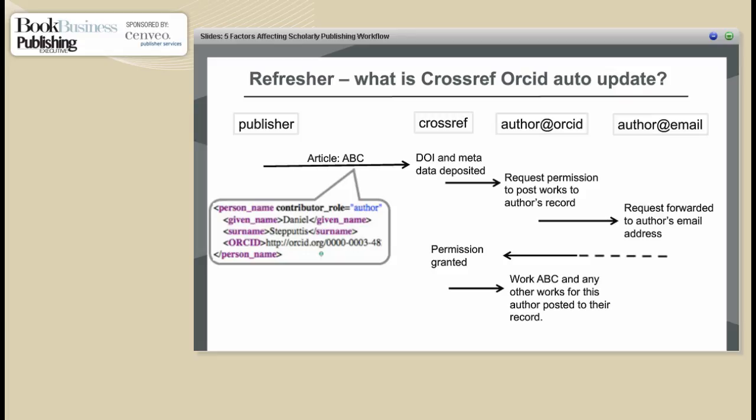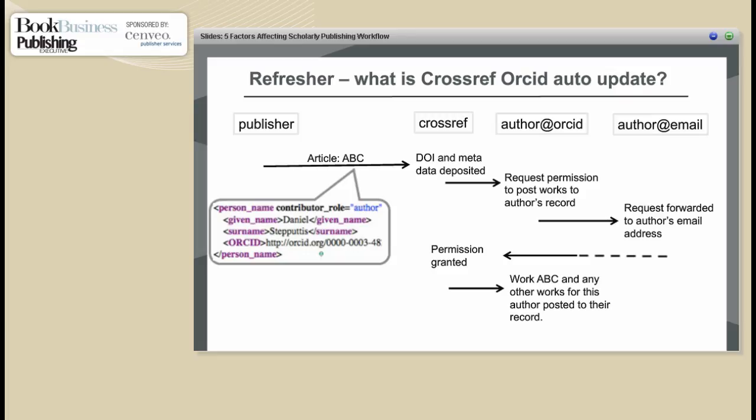So if the metadata that Crossref has contains the ORCID for that user, the reader can then navigate to that ORCID's profile and actually determine what other works they've published. The way that this works is the publisher deposits the metadata to Crossref, which includes the ORCID for a given user. Crossref then asks for permission from that user to automatically update their profile.